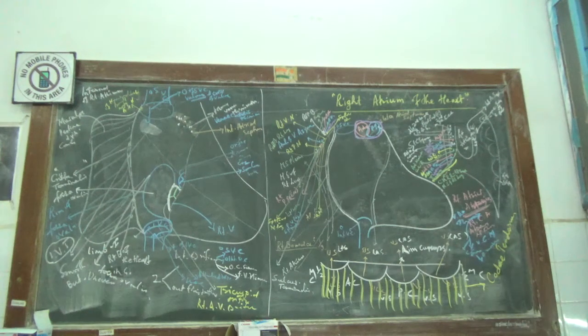Now the lymphatic drainage of the right atrium is by the cardiac group of lymph vessels and lymph nodes, which open into the thoracic duct. The nerve supply of the right atrium is by the sympathetic and the parasympathetic.